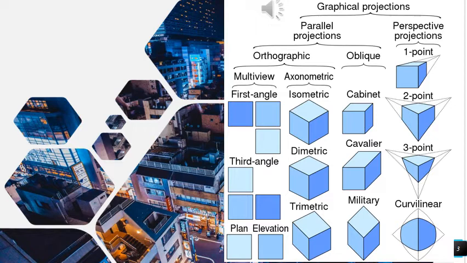If we look, the perspective projection also has different types. The first type is 1 point perspective, which has one vanishing point. In the second photo, you can see the 2 point perspective. In the third photo, you can see the 3 point perspective. And when we come to the 4, 5 and 6 point perspective, curvy lines exist in these three perspectives.